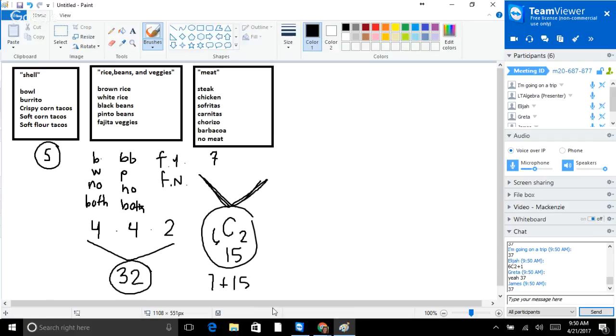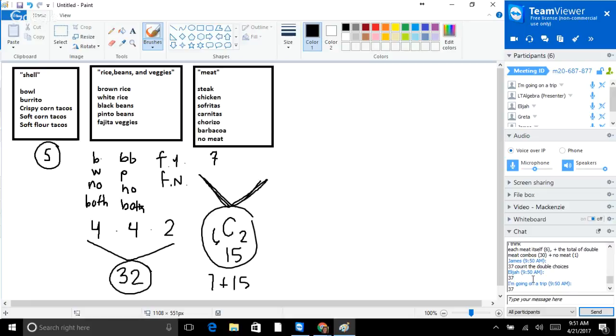You guys are all going with 37. Where did 37 come from? I'm scrolling back up. Okay, each meat itself is 6. The total number of double meat combos is 30, and no meat is 1.